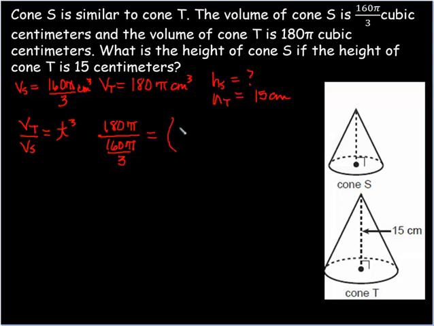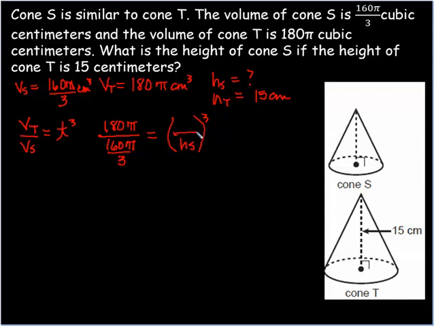And then over here, for my scale factor, I'm going to plug in HT over HS cubed. And then for HT, I'm going to go ahead and erase that because I can.